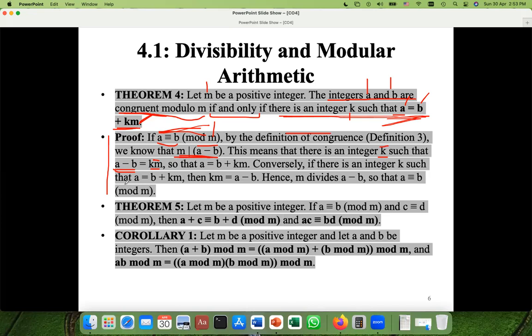Right or not? Which is what I mentioned here. If k is a quotient, then a minus b is equal to km, or mk, the same thing. And moving this minus b to the right hand side, it becomes a equal to b plus km, which is that equation.